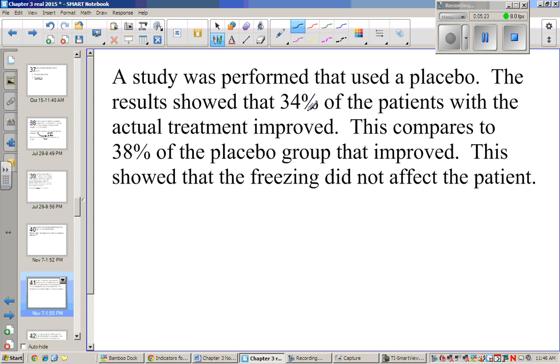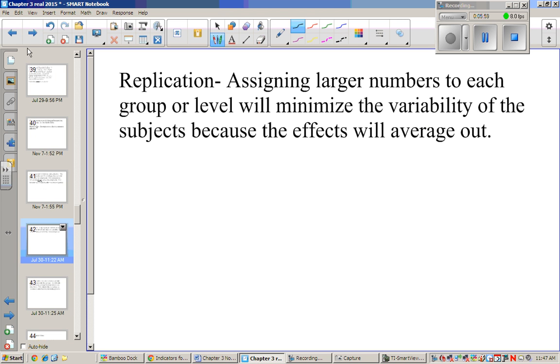And they found that 34% of the patients with the actual treatment improved, compared to 38% of the people in the placebo group. So many people improved even though they didn't actually pump that freezing liquid into the stomach. So they realized that the thing that they thought was changing things wasn't. And this is happening in many, many studies. I read one on knee surgery where they thought removing some part of the knee was actually improving it, and it turned out that they were wrong for many years.